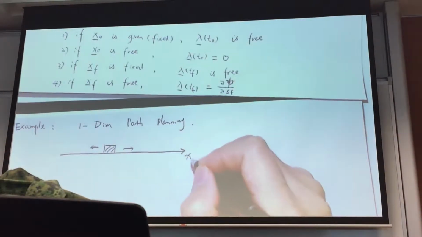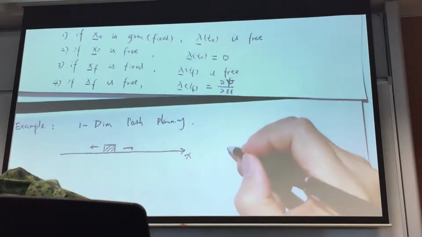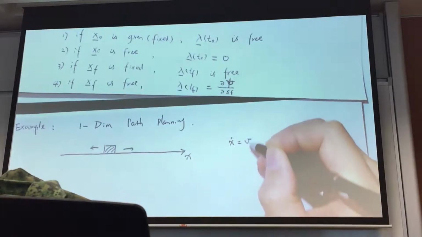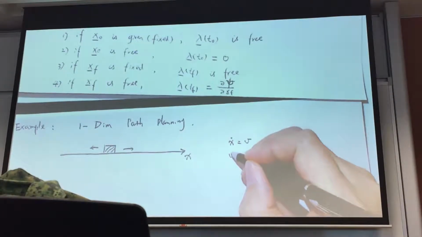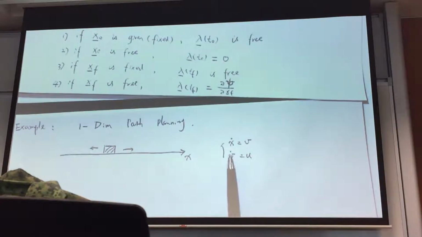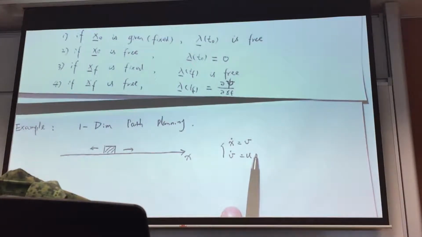For the dynamics of the equation, we simplify the dynamics. The dynamics are given by x dot equal to v, and v dot equal to u. The x is location, the v is velocity, and u is the control related to the acceleration.